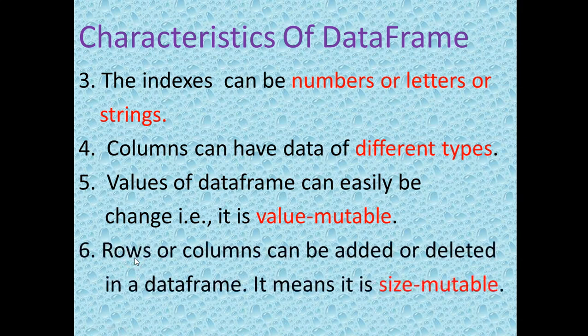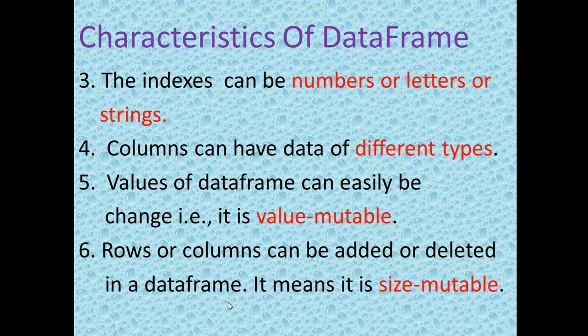Next characteristic is that rows or columns can be added or deleted in a data frame. Whether it is rows or columns, you can add or delete them. Suppose you have created the data frame by taking 2 rows and 3 columns. Later on you want to add rows or delete some column, that can also be done.